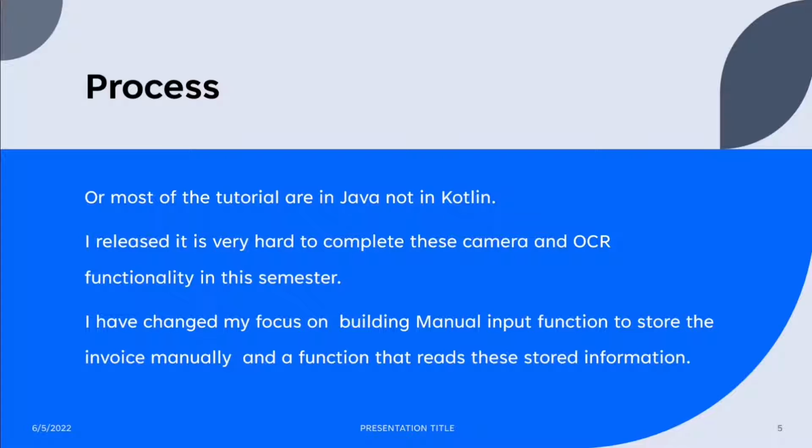The Java tutorials also had expired libraries and deprecated problems, and lots of functions had to be abandoned. So I realized it is very hard to complete the camera and OCR functionality this semester with my current knowledge. I changed my focus to building a manual input function to store invoices manually, and a function that reads the stored information.